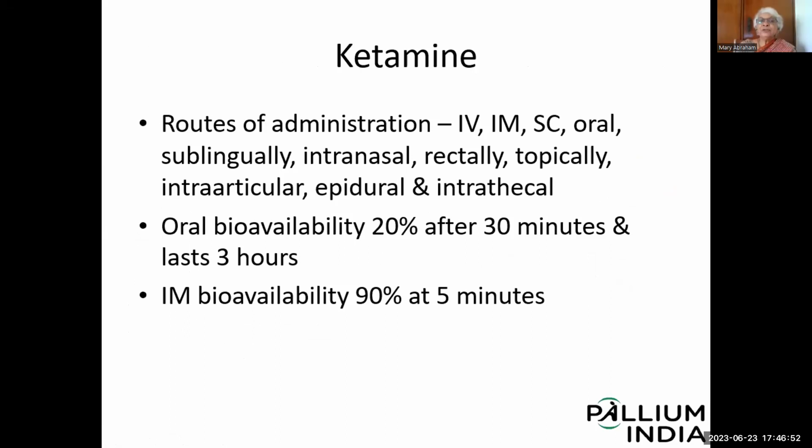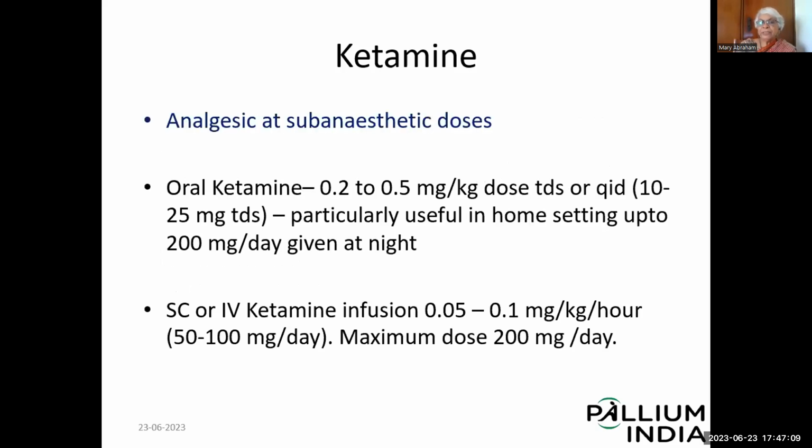Okay, thank you. It's given by a wide variety of routes: IV, IM, subcutaneous, oral, sublingually, etc. Its IM bioavailability is very good. At 5 minutes, you have 90% available. So it's very good even by the IM. Now, ketamine is actually an anesthetic, but it is an analgesic in sub-anesthetic doses.